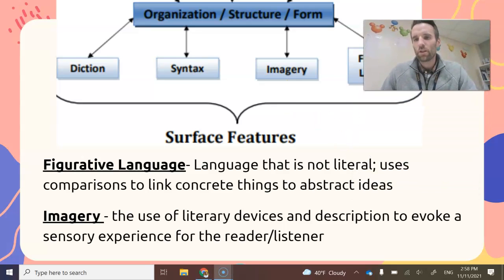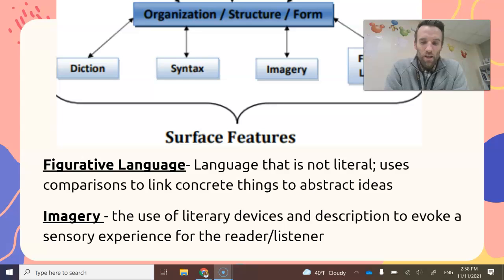If you don't have your notebook with you, pause the video, go get your notebook, and write down these two definitions. Figurative language is language that is not literal. That's what the word figurative means. It uses comparisons to link concrete things to abstract ideas. Figurative language is great because it makes language a little more fun and a little more effective. Helps you to understand ideas that are deeper than just being literal all the time.